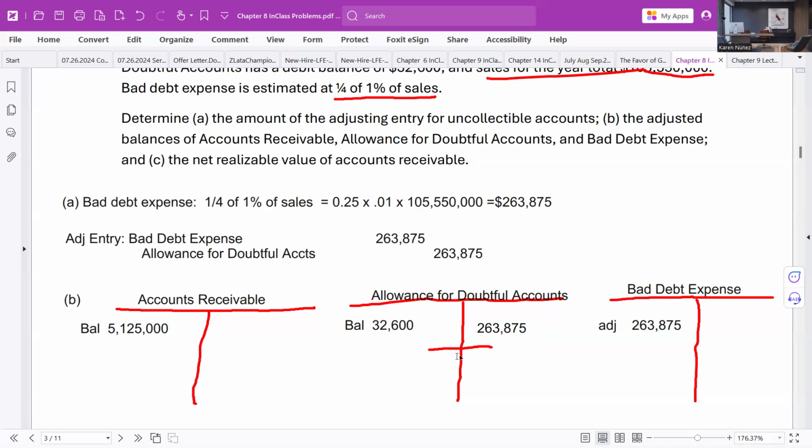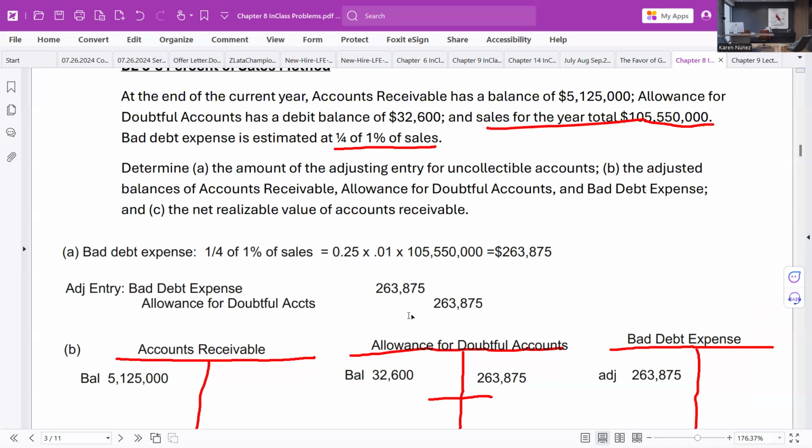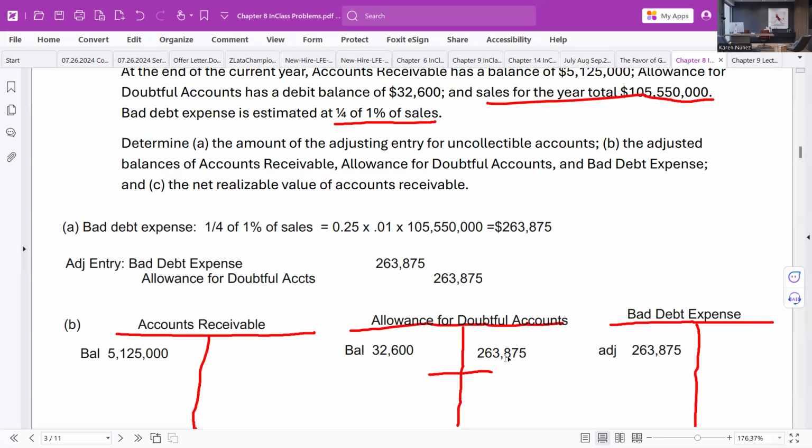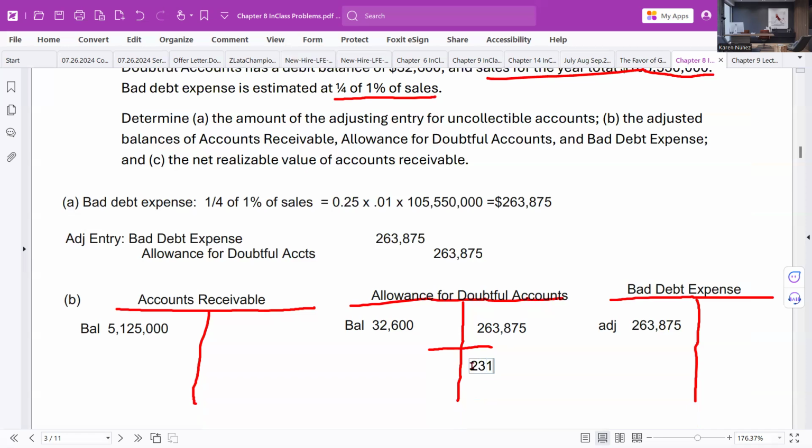The allowance for doubtful accounts has a debit of 32,600 and a credit of 263,875, so we offset those: 263,875 minus 32,600 gives us 231,275.